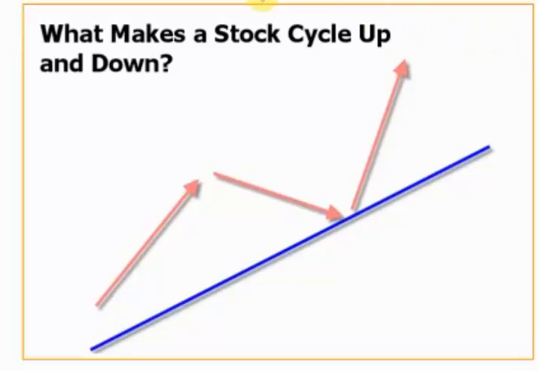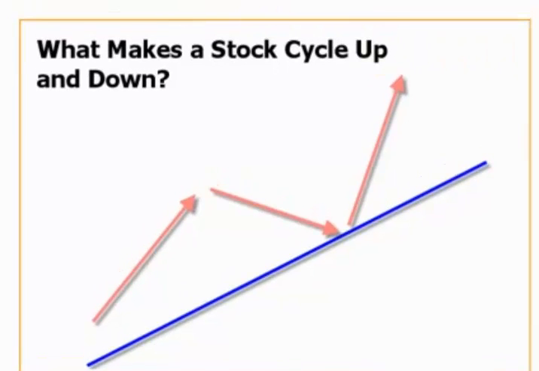Now let's talk briefly about what makes a stock go up and down. Remember now, we've got the underlying trend, could be a strong uptrend or a strong downtrend, or just a neutral sideways trend. But within a trend, we've got cycles. Price surges forward and tends to pull back, or in the case of a downtrend, price drops and then tends to retrace.